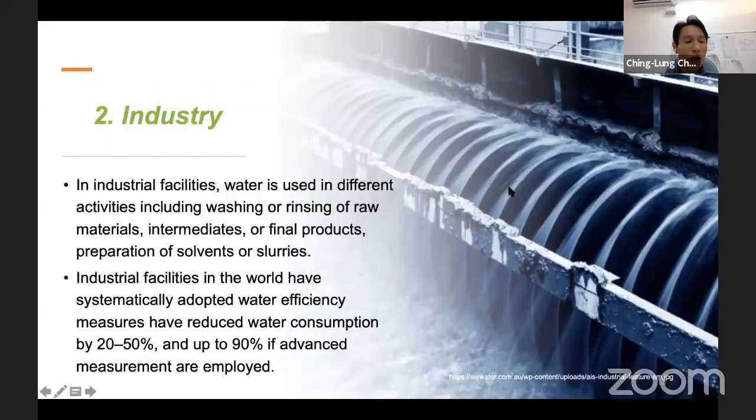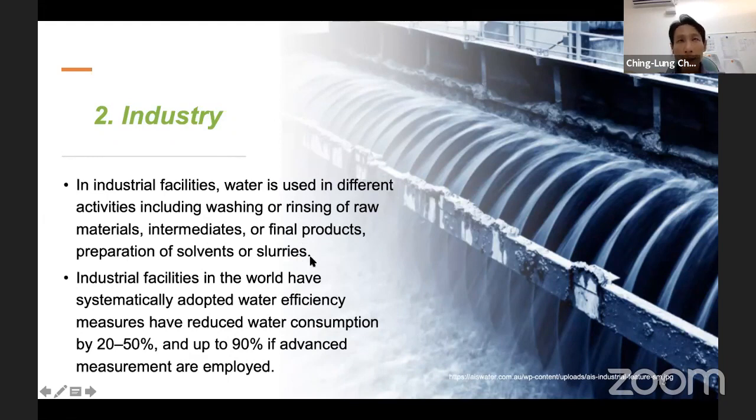Okay, and then here comes the industrial sector. The first part is that in the industrial facility, water is used in different activities, including the washing or rinsing of raw material, intermediate or final product, preparation of solvent or slurry.